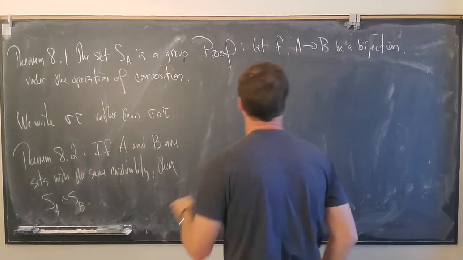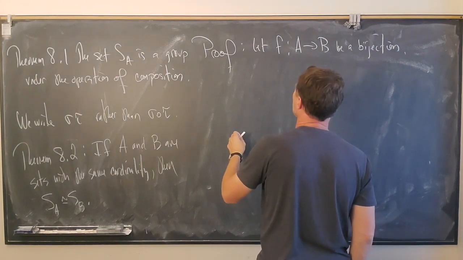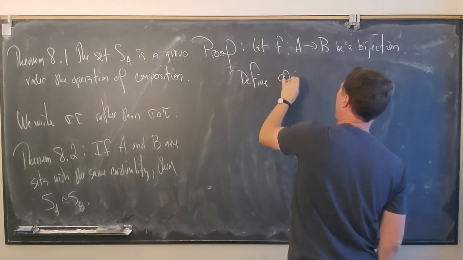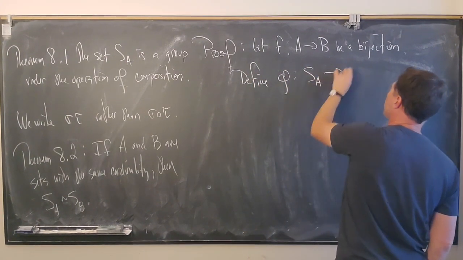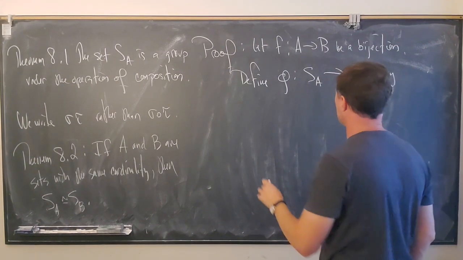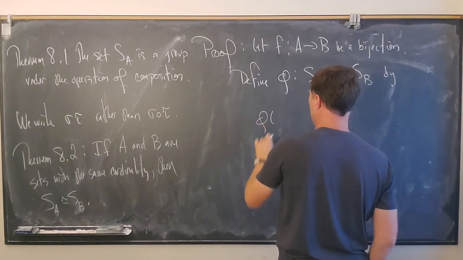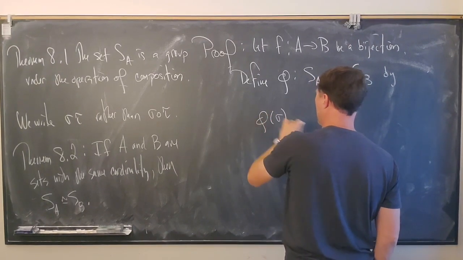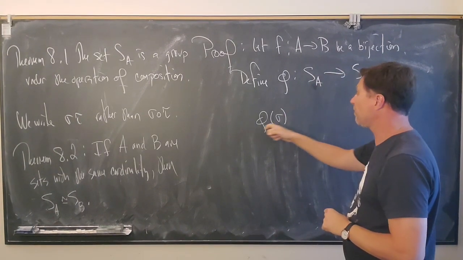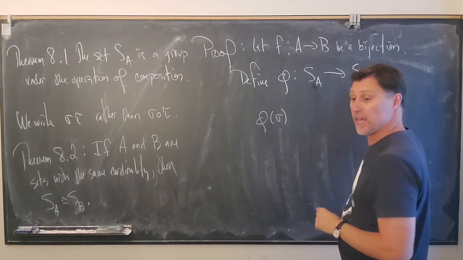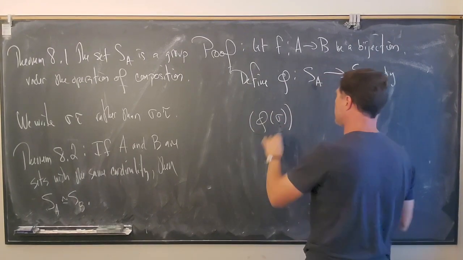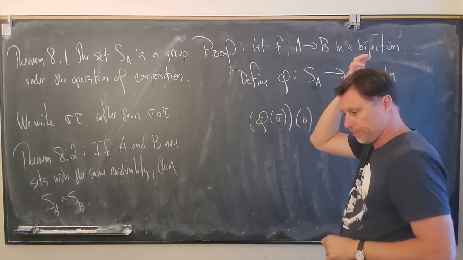So let's define phi from S sub A to S sub B by, okay, so how is this going to work? Phi of sigma, so sigma is a permutation of A. Phi of sigma, then, needs to be a permutation of B, and so I need to say what this permutation does to an element little b.